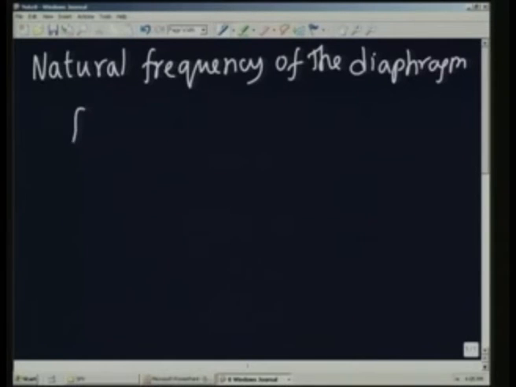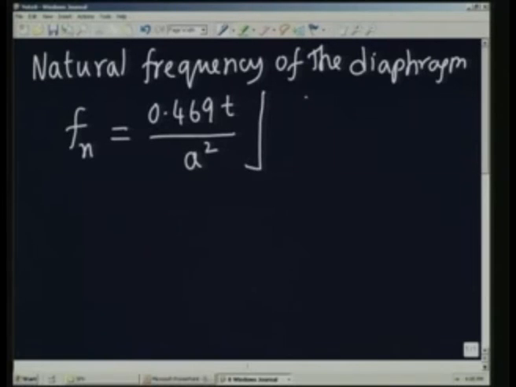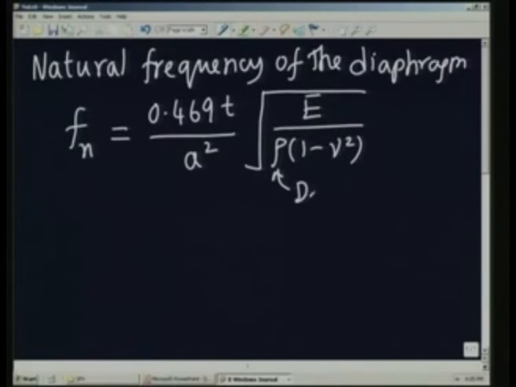So, the natural frequency is given by F natural, again for small deflections, it is 0.469 T by A squared under square root of E by rho into 1 minus nu squared, where rho is the density. This will give you the value in hertz, all others are in SI units.